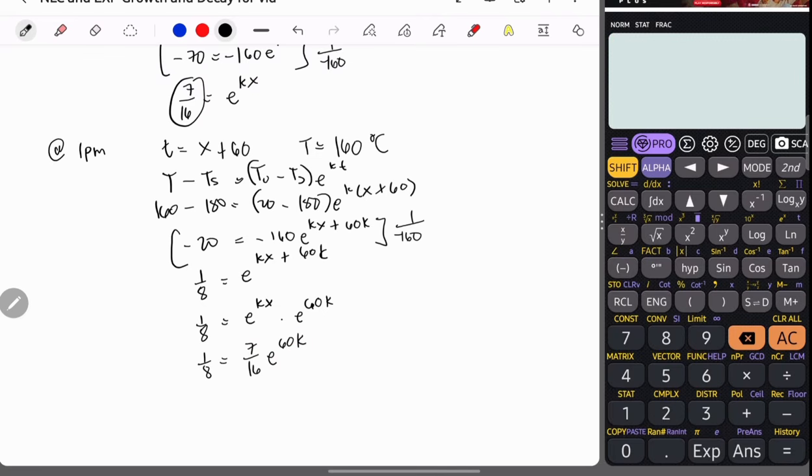Then, divide both sides by 7 over 16. So, 1 over 8 divided by 7 over 16. Answer is 2 over 7.